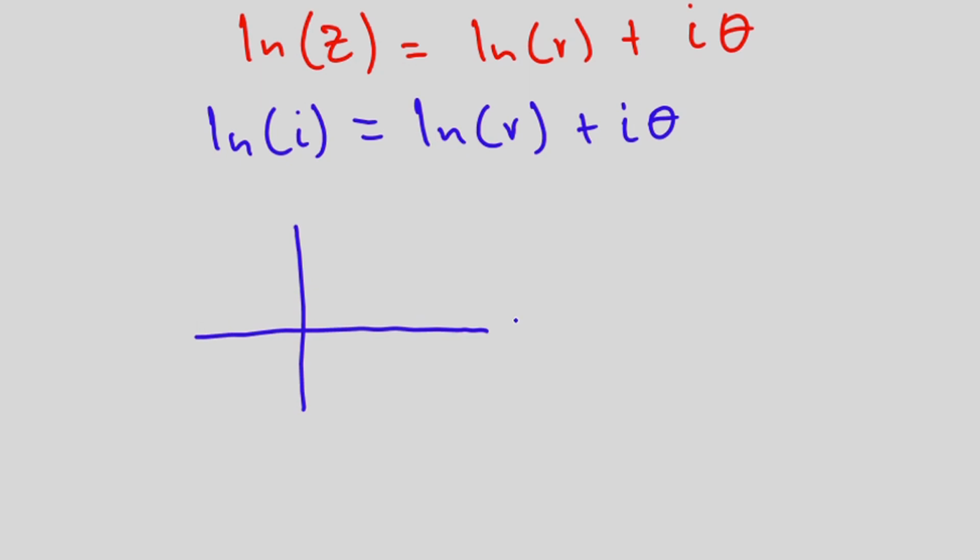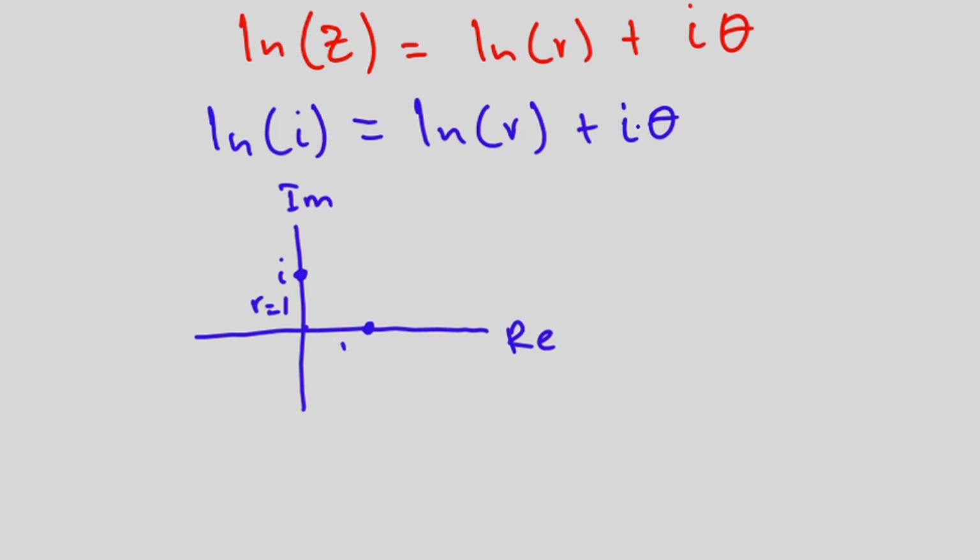As always, when you talk about the complex plane, this one now becomes the real part, and this vertical axis becomes the imaginary part. Now this point here is going to be 1i, so it means that the distance from the origin to this point here will become 1, which is equal to our r, and here is our I.